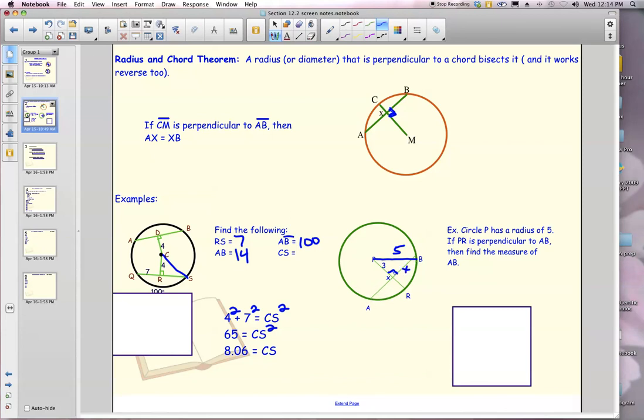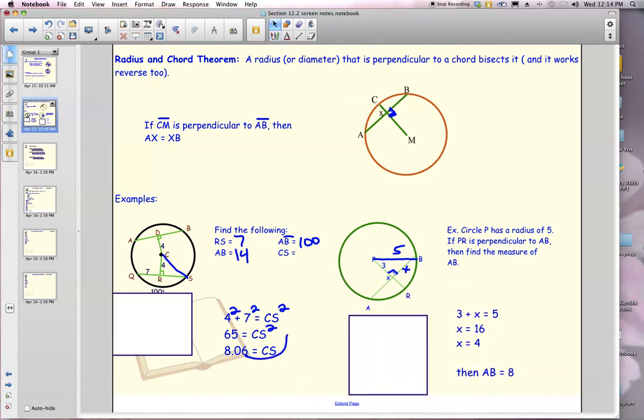So if I can find the length from B to X, and this is a 90-degree angle, I know that all I have to do is double it to get the length of AB. So I would do 3 squared plus x squared equals 5 squared.